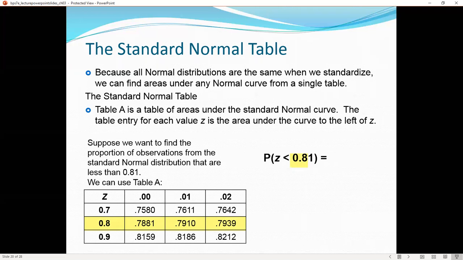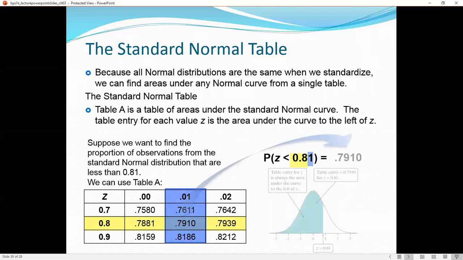And once you find the intersection of the 0.8 and the 0.01, which represents your z-score of 0.81, then the overlapping space in the box, 0.7910, is the area under the curve to the left of the entry, the observation, because we're looking at accumulation, right? Cumulative proportions.